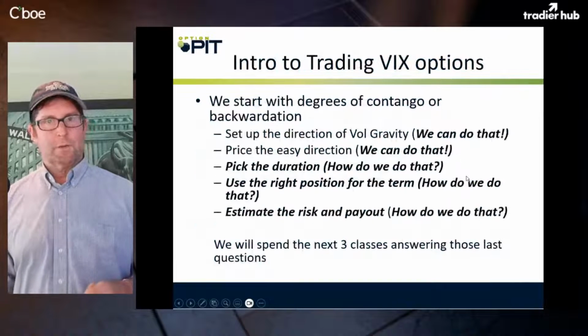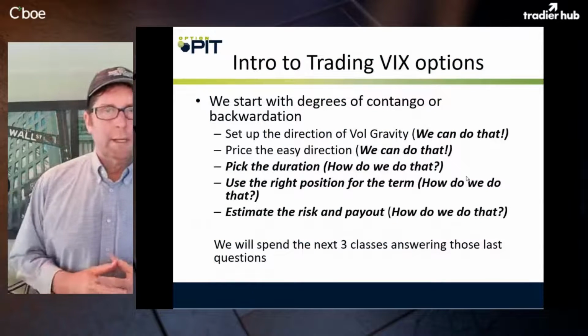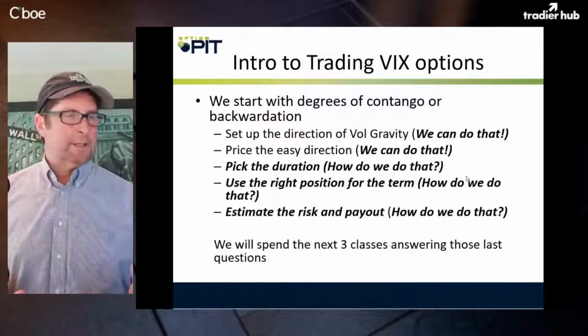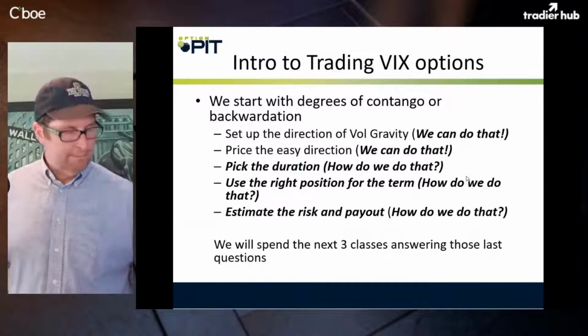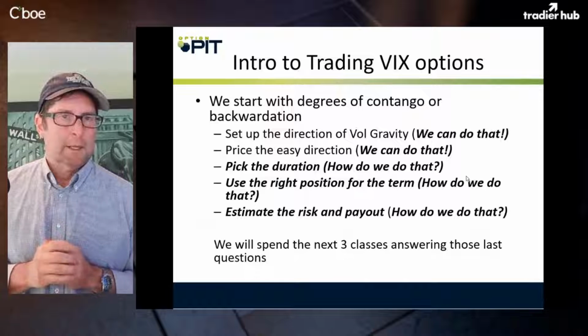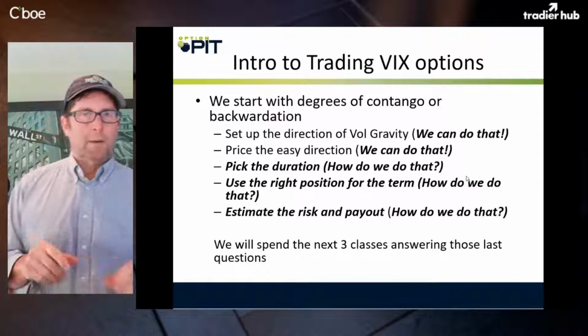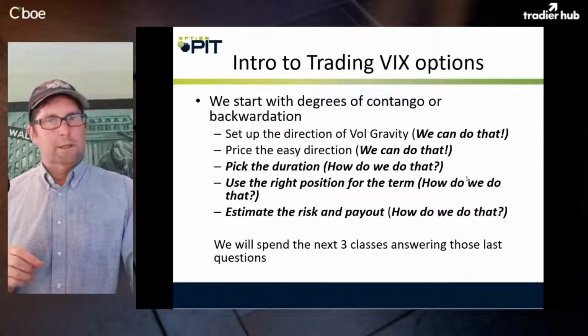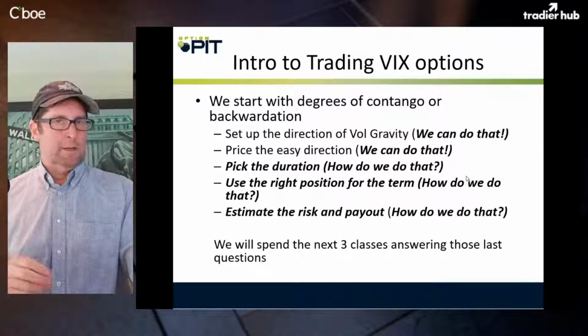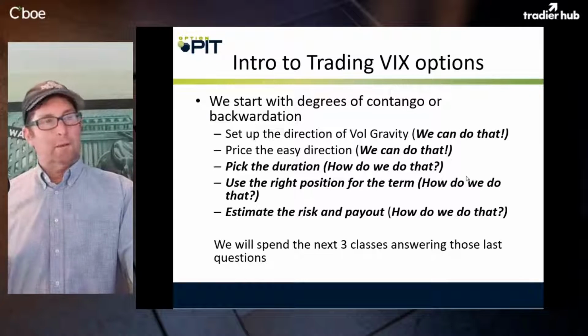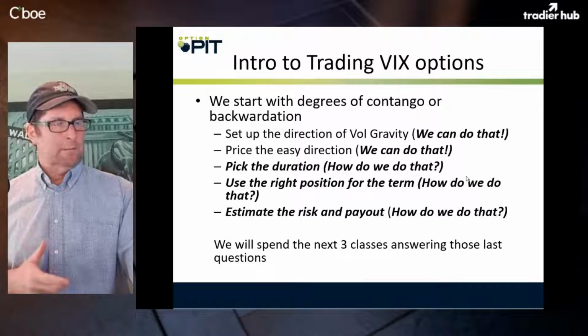Now, if you want to trade VIX options, again, this is how I trade them. You can trade them any way you want. But what I do is, you want to start with the degree of contango or backwardation that you see.